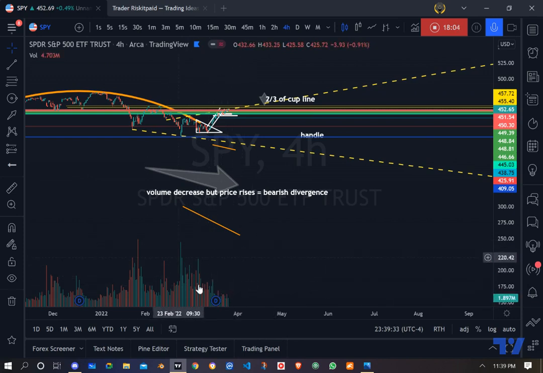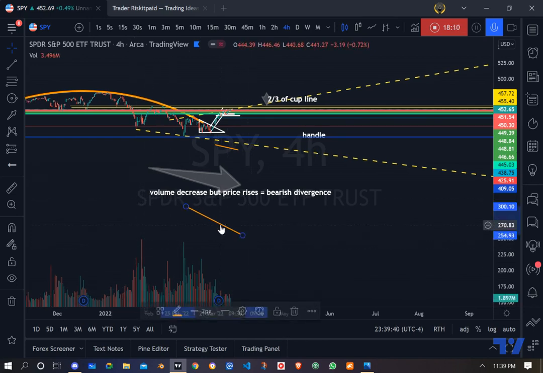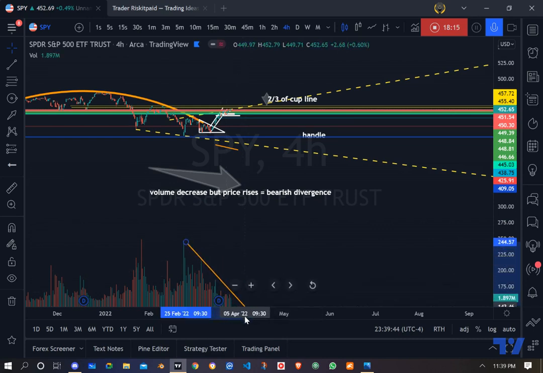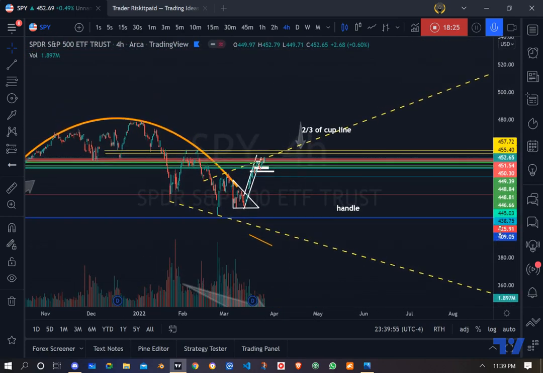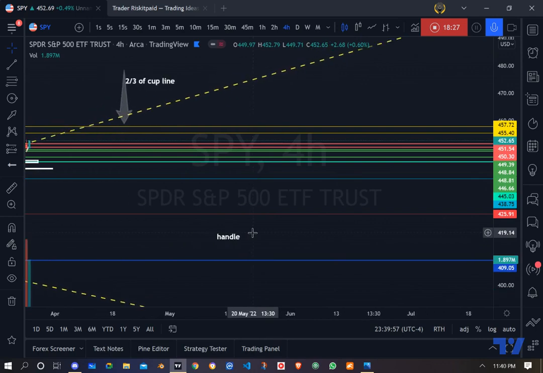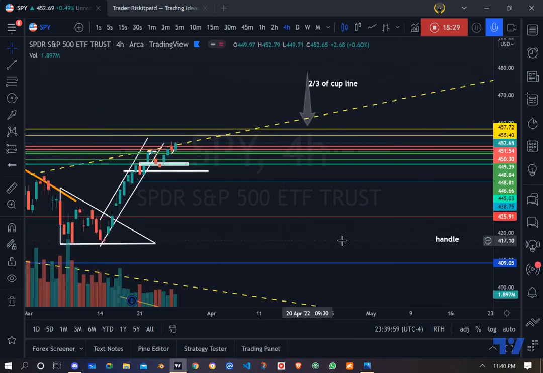So like I said, I wouldn't be surprised if we see a huge bear bar, red bar, whatever you want to call it, take a lot of people by surprise and just start coming down. But like I said, this is not financial advice. This is just my thought process on what we got going on right here.